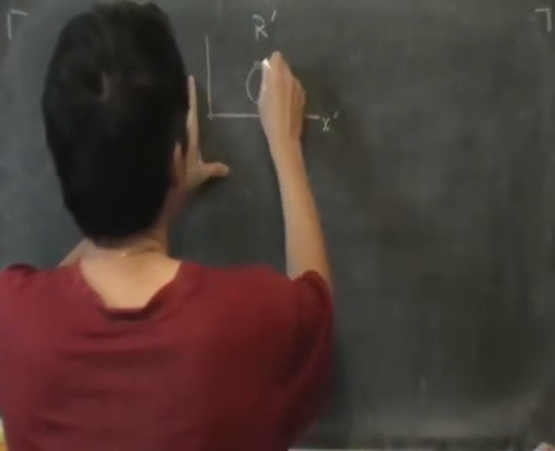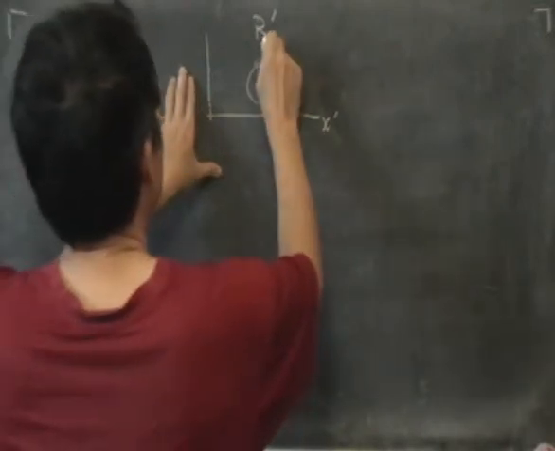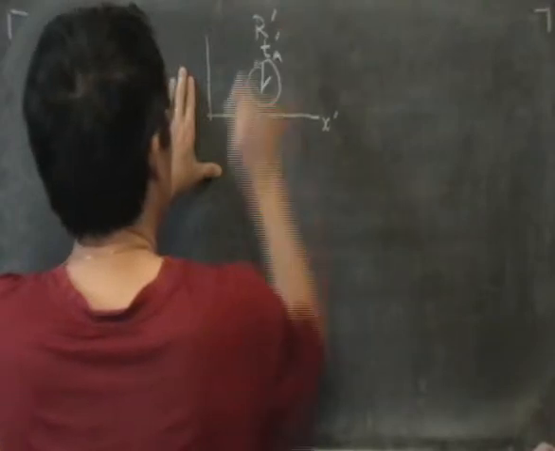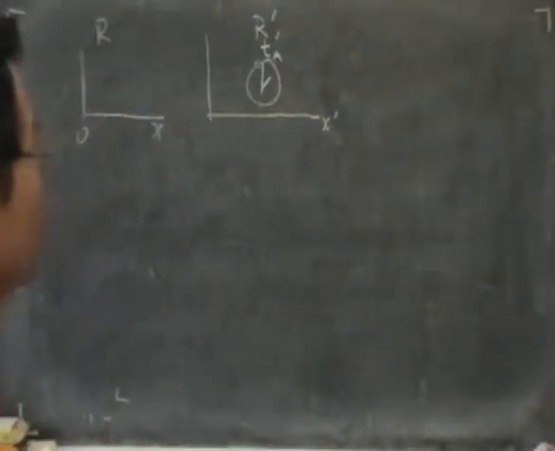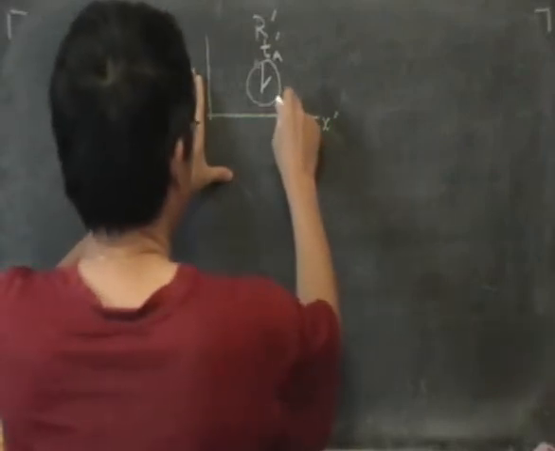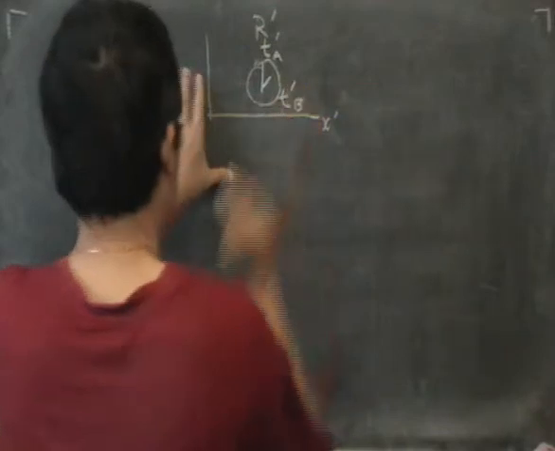So at a certain position of, say, the minute hand, let's say the time here is TA prime. And then after some time, the minute hand moves to another position around there. Let's say it's TB prime.